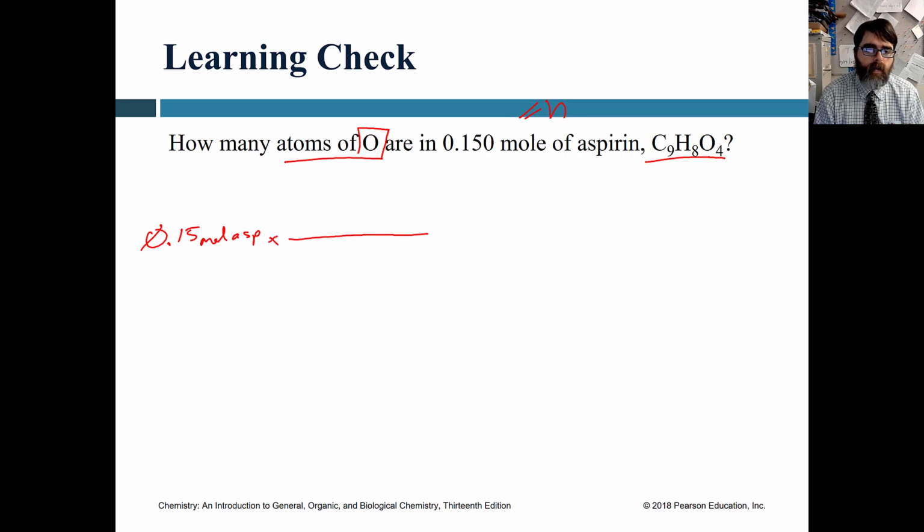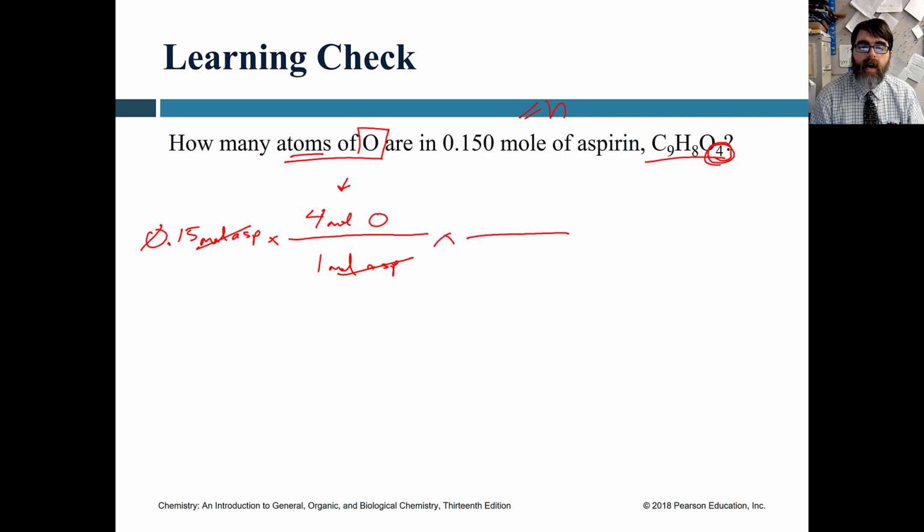Well, we know that 1 mole of aspirin has 4 moles of oxygen in it. Now that 4 came from the subscript here, and notice we have moles over moles, and when we have moles over moles, the number is no longer just 1. But 1 mole of aspirin has 4 moles of oxygen. If we were just asked for moles of oxygen, we'd be done because those units cancel out. However, we're asked for atoms of oxygen, so we have one more step.